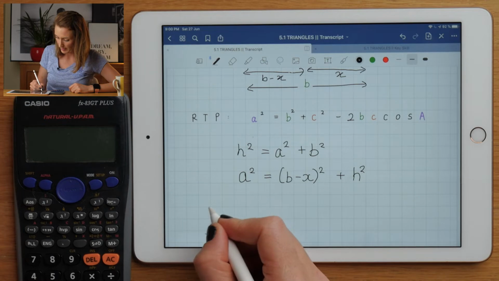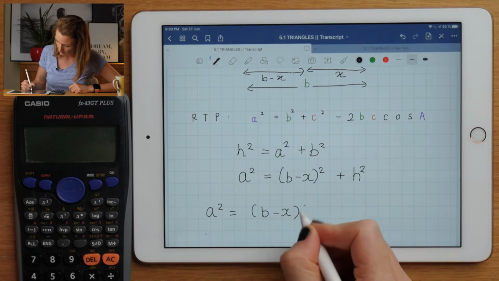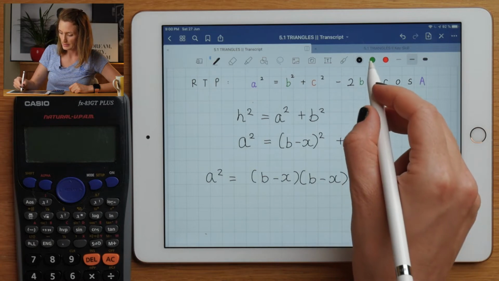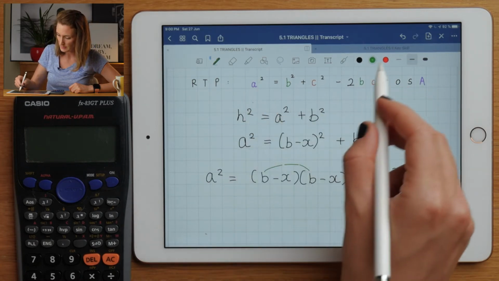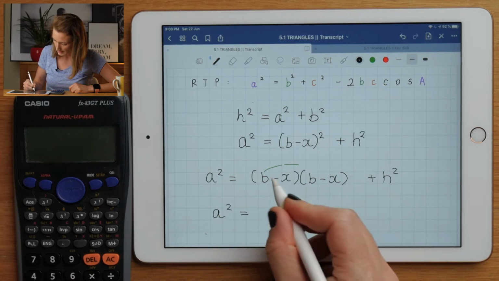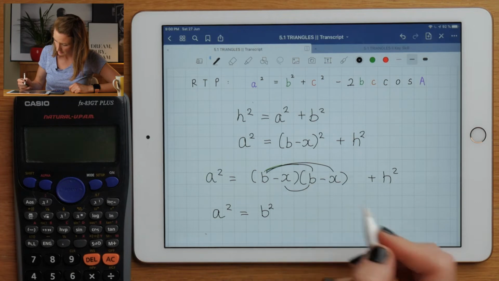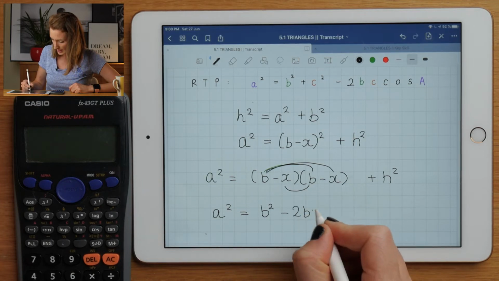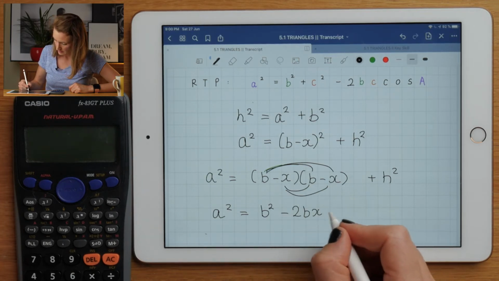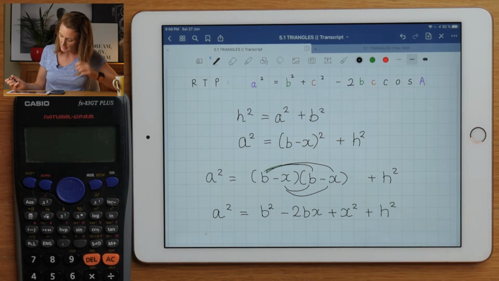So we can multiply that out by opening up the brackets. That would give me a squared equals b squared minus 2bx plus x squared plus h squared.